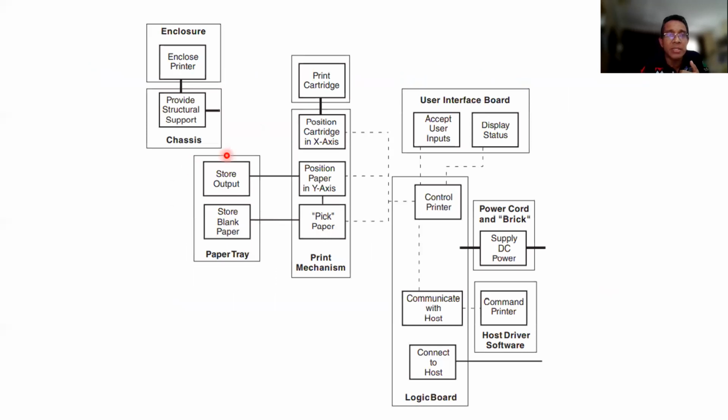For this example, this is the schematic design for the printer just now. We have several chunks here: enclose printer, provide structure support, store output, store blank paper, and then pick paper, position paper, X axis, Y axis, print cartridge.